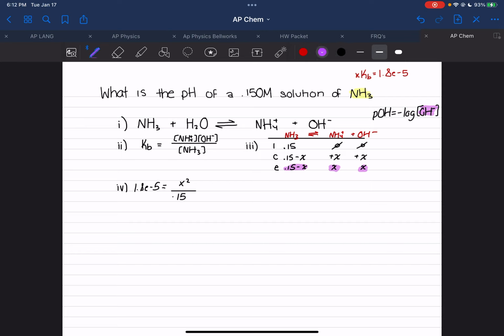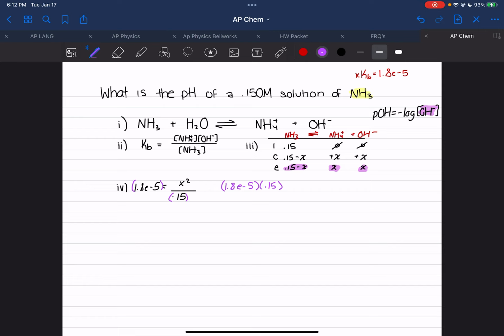So in order to solve this next part, I'm really just going to isolate X, right? Once I isolate my X, I'll do my Kb times my 0.15.